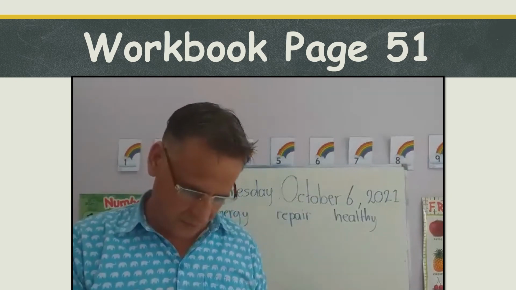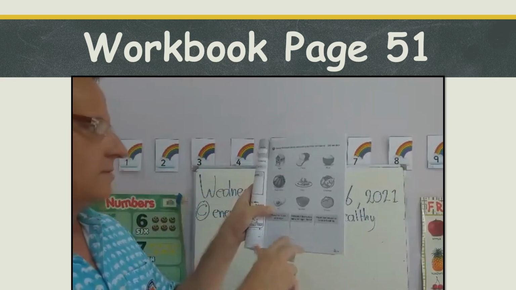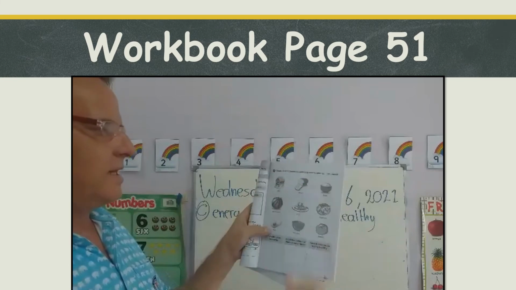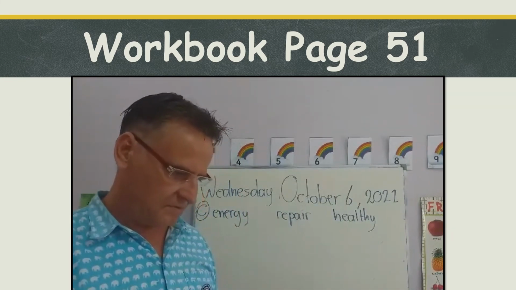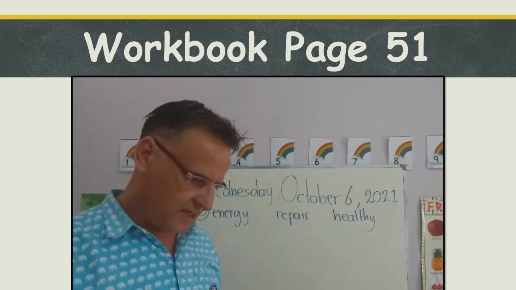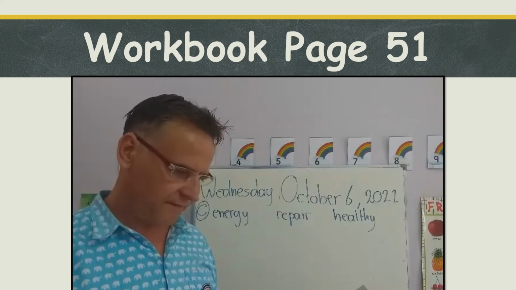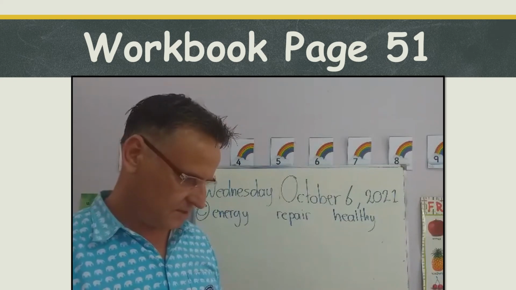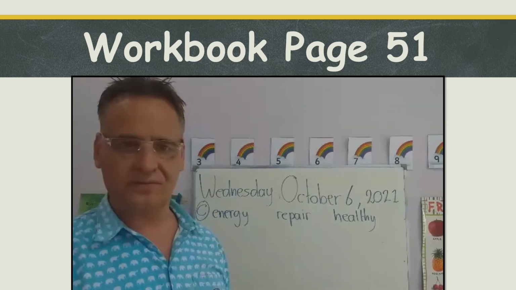Okay, let's go to page 51. We see there 9 different foods. Let's look at the foods first. We have milk, bread, rice, a watermelon, fish, cabbage, egg, noodles and tomato.